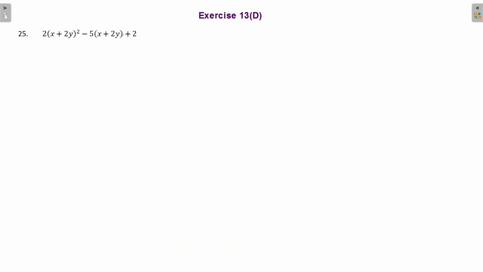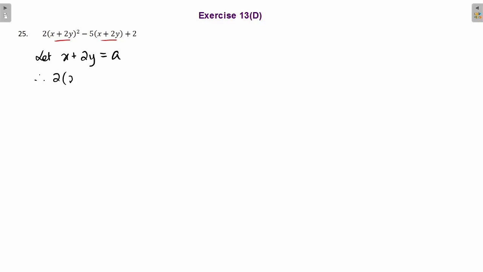Let's take one more problem. So in this case also you have got a similar kind of thing, isn't it? Okay, so let me substitute here. So the substitution that I'm going to make here is, let x plus 2y be equal to again a. So therefore whatever is given to us, let's write that.